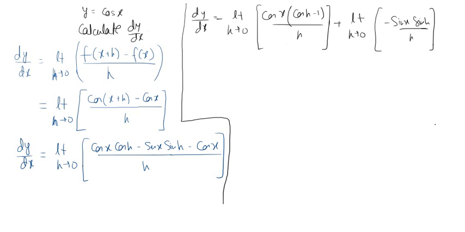Now this limit cos h minus 1 by h, we have already discussed, this is equal to 0. So first limit is 0 and second limit is minus sin x. So dy by dx will be equal to minus sin x in this case.